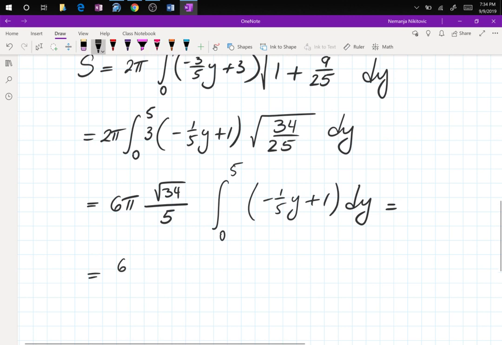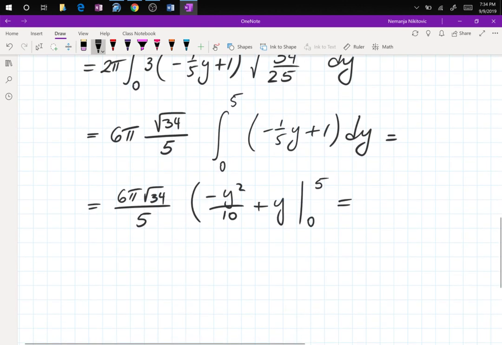So we have 6 pi root 34 divided by 5. And now I have over here y squared. So it's going to be negative y squared over 10, because the integral of y is y squared over 2, and 2 times 5 is 10. Plus y computed from 0 to 5.